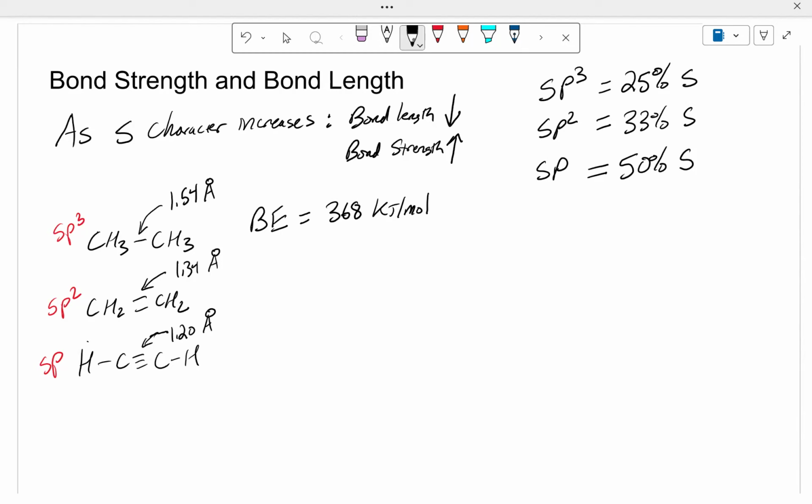It's about looking at the trend, because the bond between sp2 hybridized carbons, the energy is 632 kilojoules per mole. And then the bond energy for a triple bond is 820 kilojoules per mole. So the bond strength, or the energy required to break that bond, goes up as the S character increases.